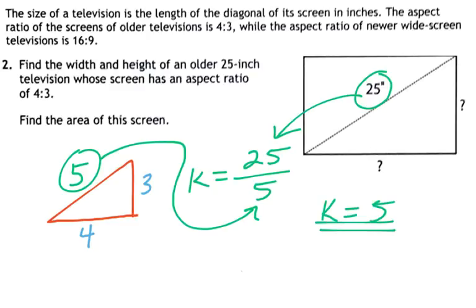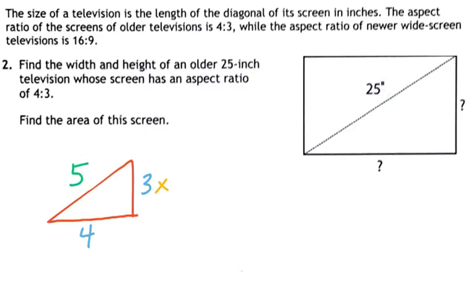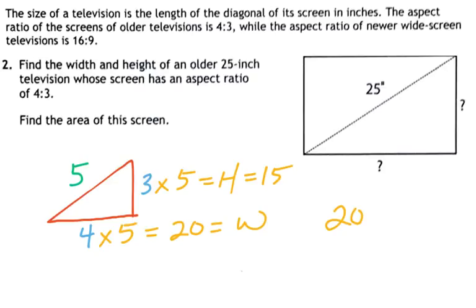I know that may be a little confusing because there's so many 5's going on, but k is equal to 5. So to find the width and the height, we multiply by that k. 3 times 5 and 4 times 5, that'll give me the height is equal to 15 and the width is equal to 20, giving us our aspect ratio of 20 to 15.